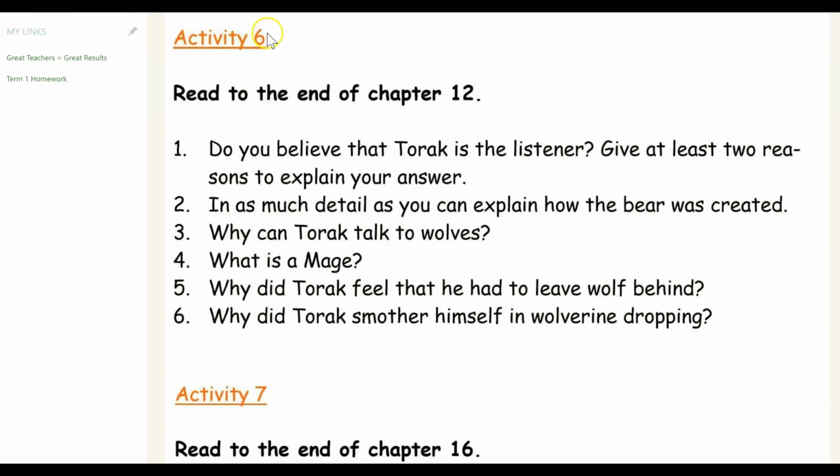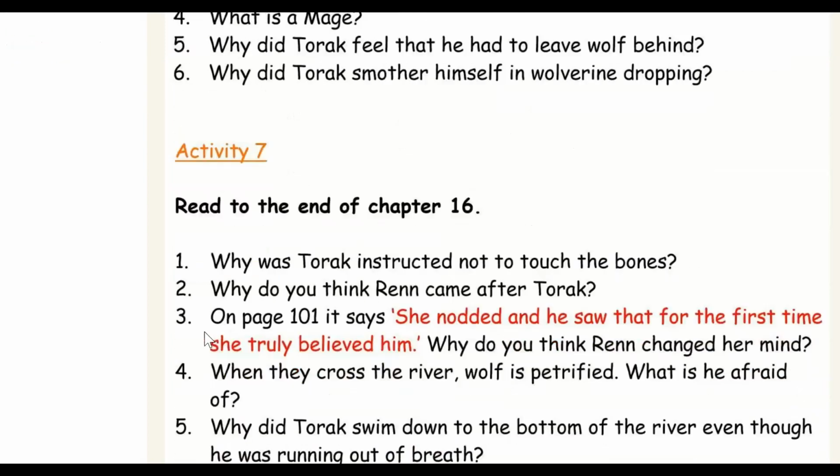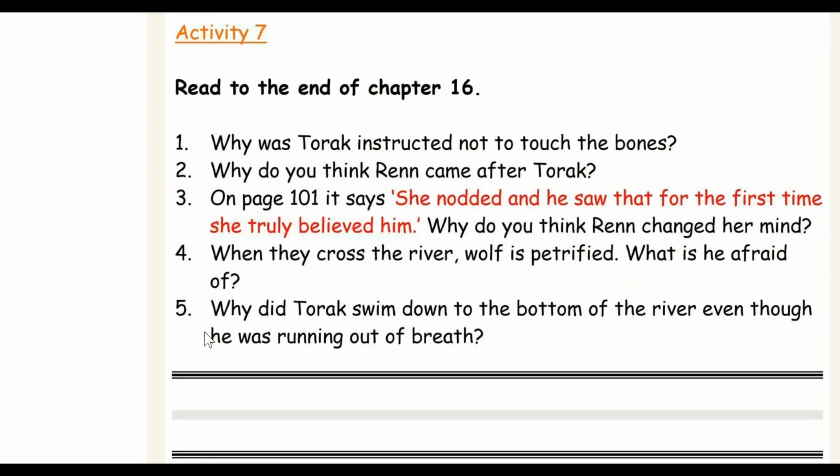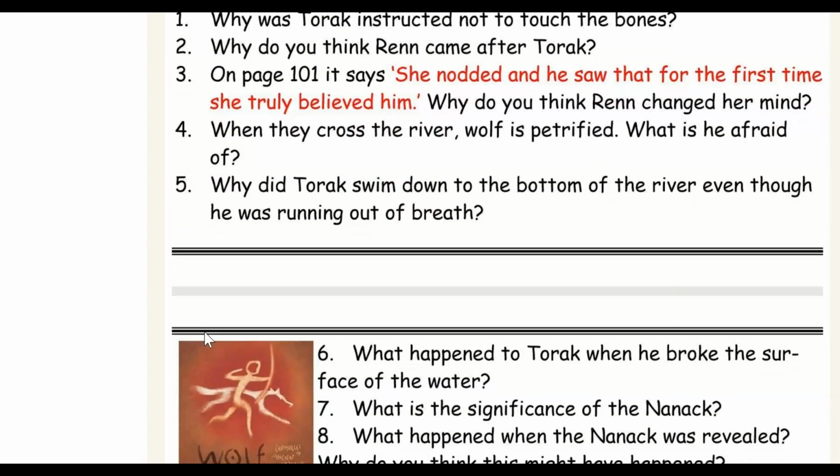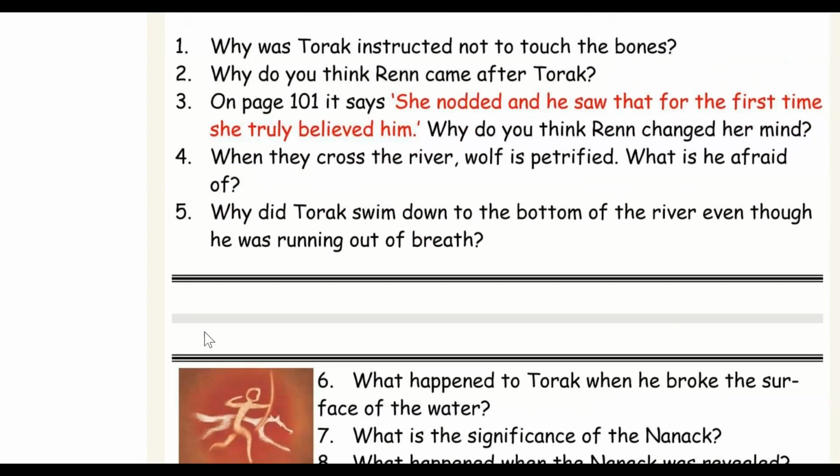This is the comprehension questions for Activity 6, where you'll need to have read up to Chapter 12 to answer the questions. You'll then answer questions 1 to 6. Make sure you're answering in full sentences, using proper punctuation, and even evidence from the text if it helps you explain your answer. Then move on to Activity 7. This has questions 1 to 9 and further on.